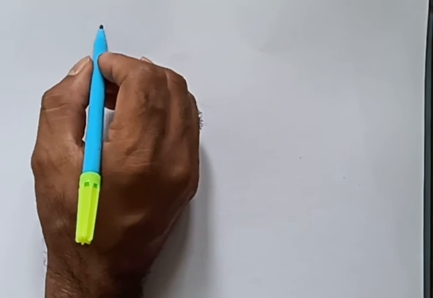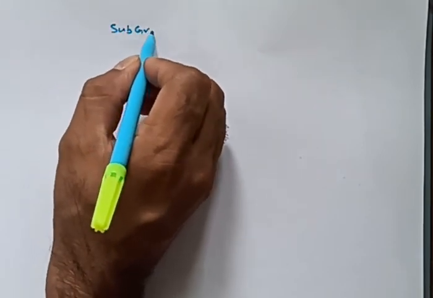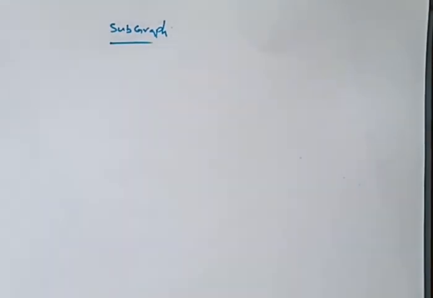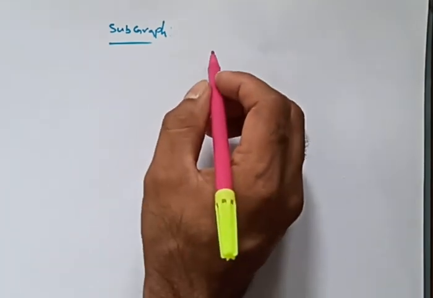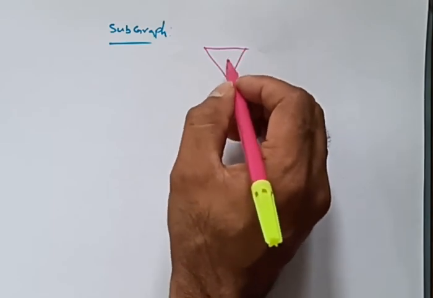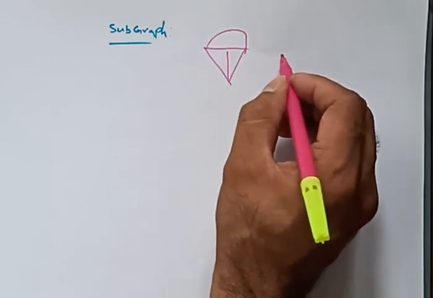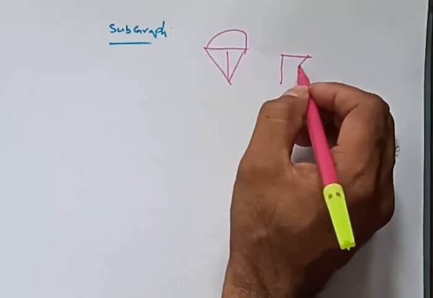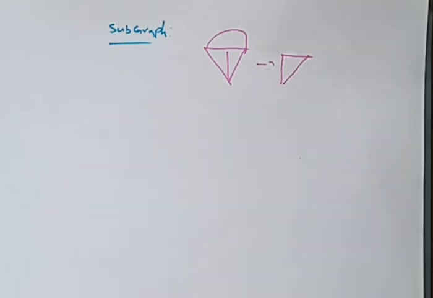Let me start with some simple definition. Subgraph. What do you mean by subgraph? What is the need of the subgraph in further lectures? A subgraph is a part of the graph, or a part of a graph is called as a subgraph. Means for the given graph, if you take any part here, this we can call as a subgraph.